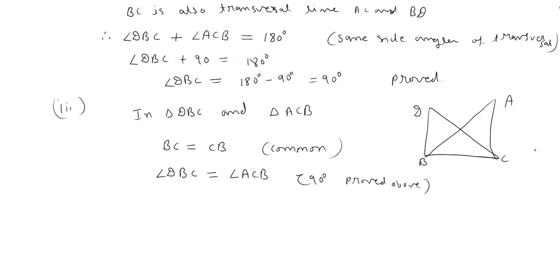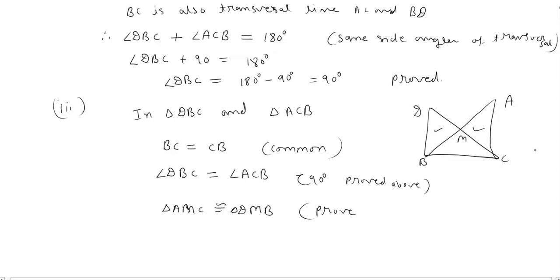Now for the third side, triangle AMC is congruent to triangle DMB, these two triangles congruent, proved above in the first question.